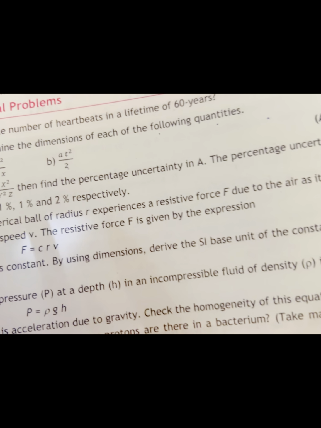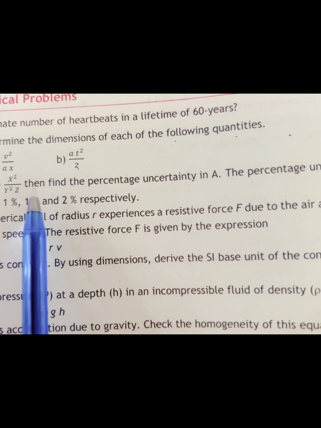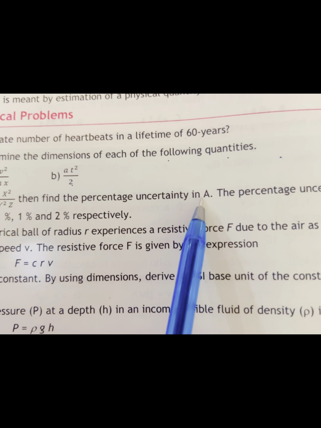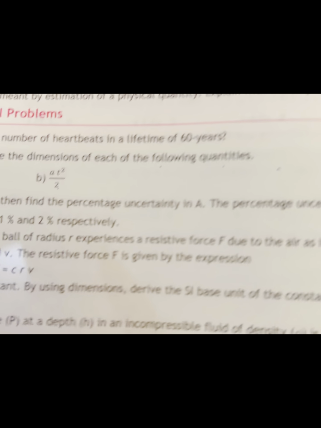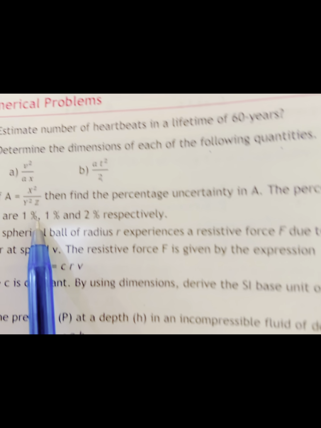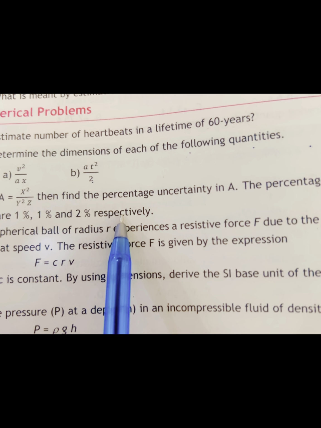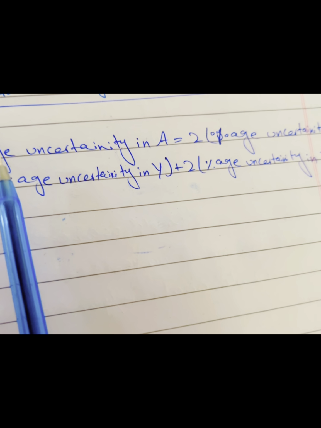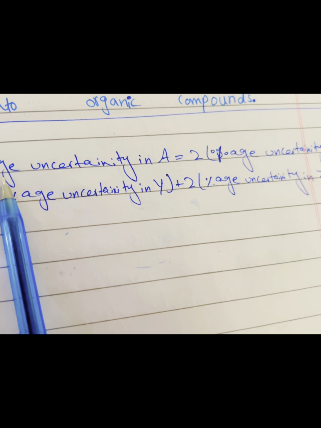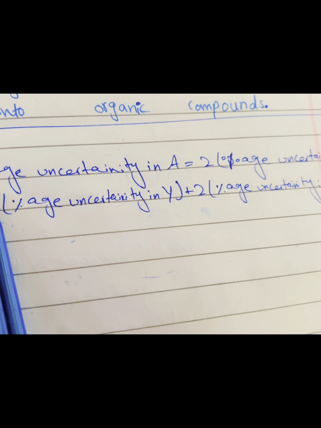Now there is numerical number 3. If A is equal to x square by y square z, then find the percentage uncertainty in A. The percentage uncertainties in x, y and z are 1%, 1% and 2% respectively. For this numerical, we will use this formula through the rules of uncertainty principle of power and multiplications.